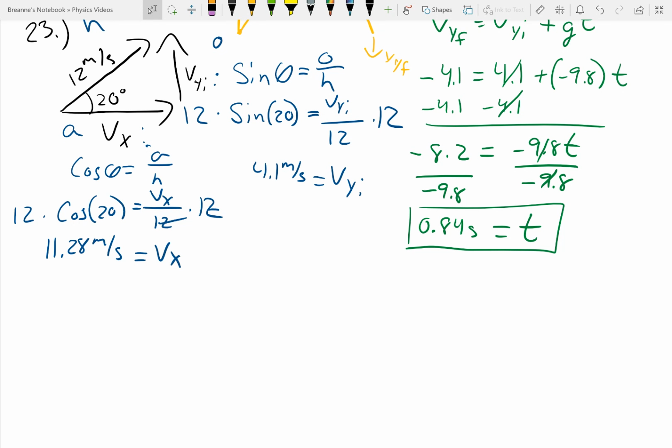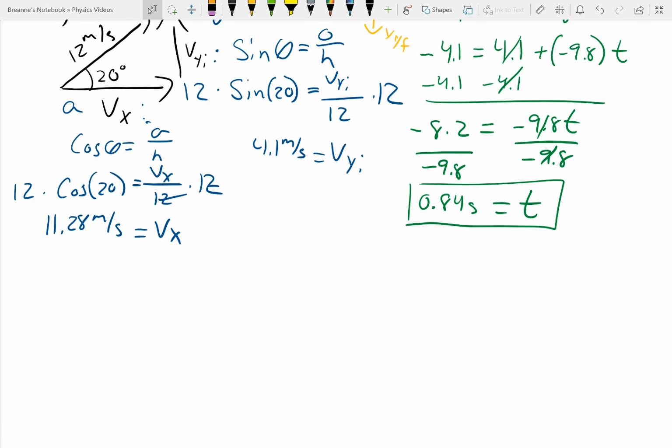Let's say we wanted to solve for our height as well. I'm adding some things to this problem. Let's say we wanted to find our delta y. Since we just solved for time, we can use y equals vy initial times t plus 1/2 g t squared. Our initial is 4.1.